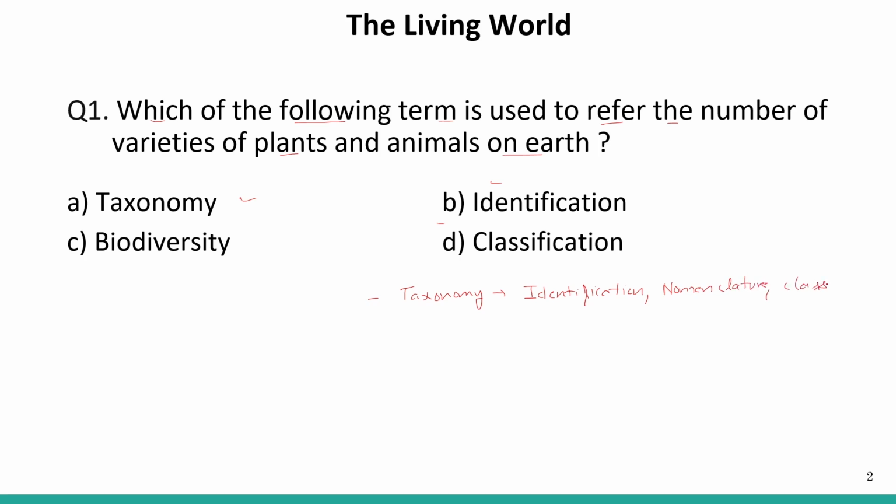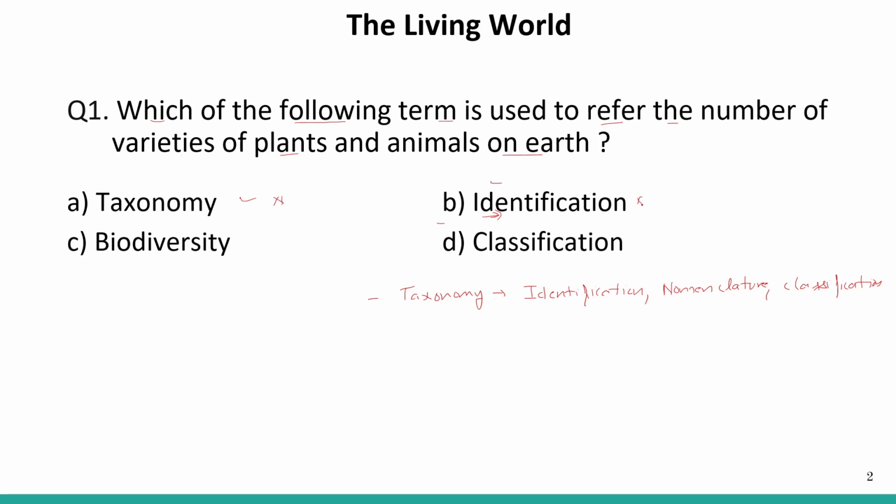It includes all of these three. Okay, then identification is simply identifying the living organism, and identifying is very important before the nomenclature or naming of the organism. Okay, so option A is not correct.